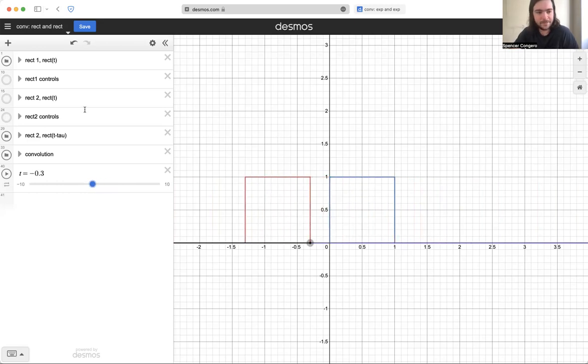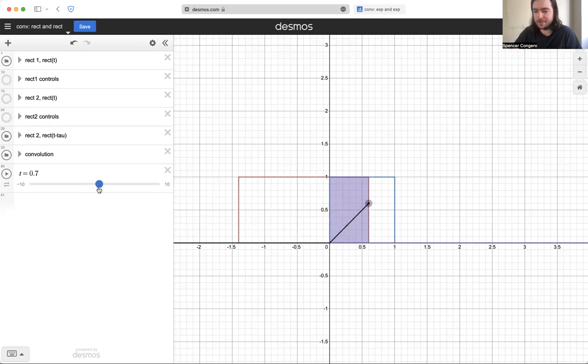Now, with this Desmos file, we can actually manipulate these a little more. I have these controls. We could see what happens if I make my second rect twice as wide. Then we still flip it. We get this function. I'll put it at t equals 0. We flip it. We get the red function. Now I can forget about the original green, and I'm going to start shifting this over. The first part's going to be the same.